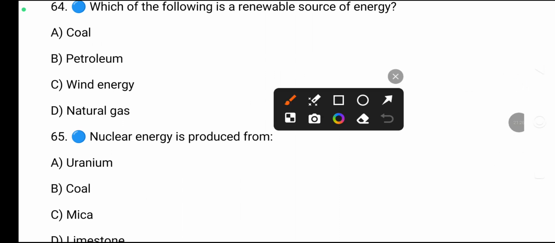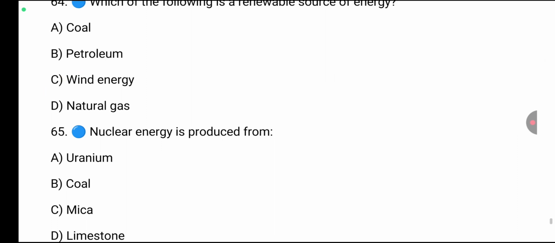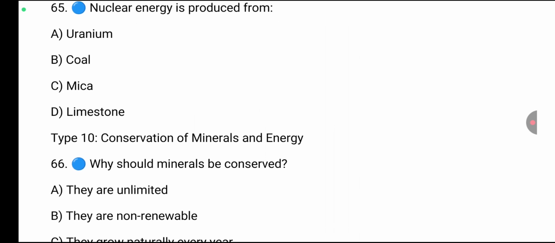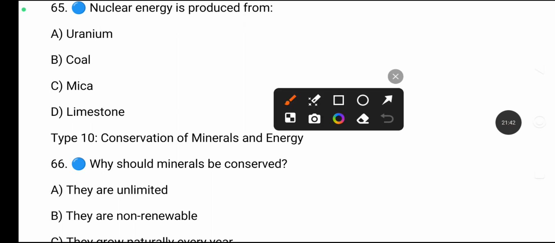Coal, petroleum, wind energy, natural gas. Answer will be wind energy, that's C. Now moving on to question number 65. Nuclear energy is produced from uranium, coal, mica, limestone. That is uranium.